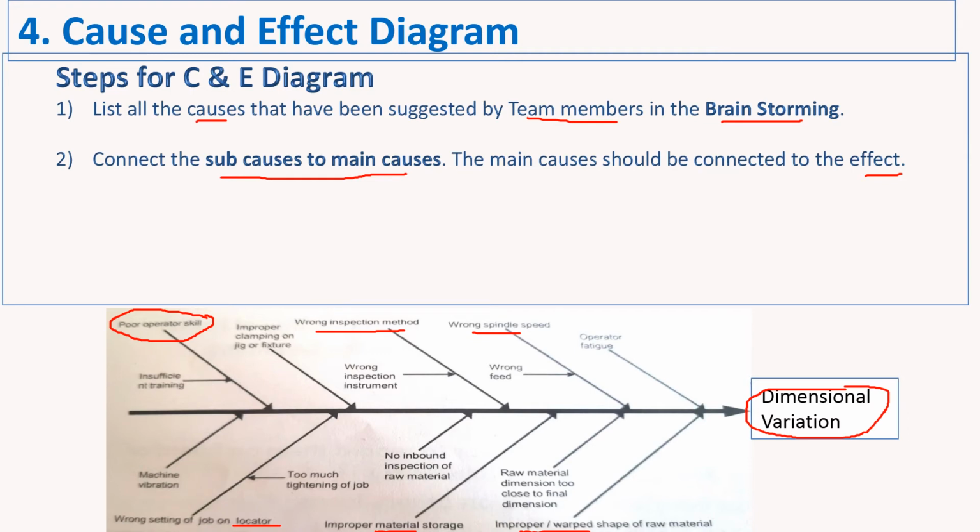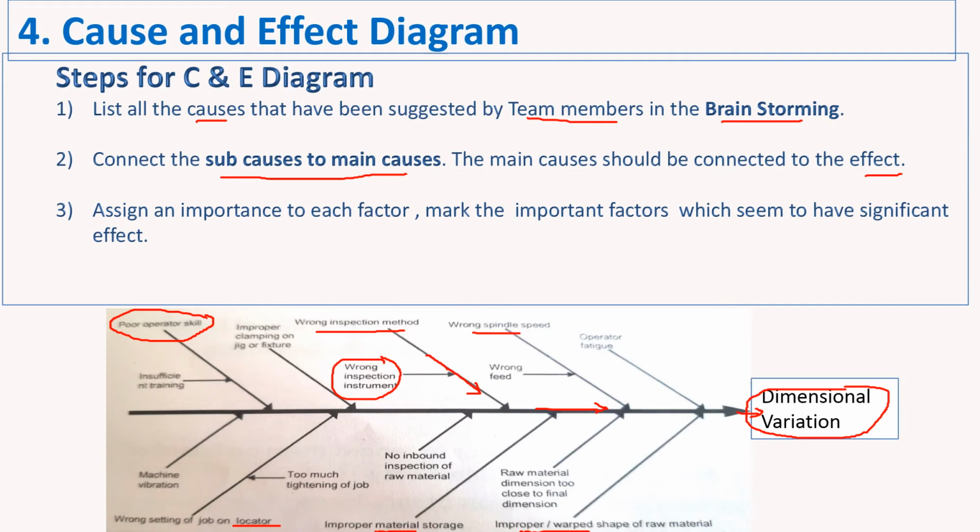So these are the sub causes connected with the main causes, and this main cause is connected with the effect. Then assign an importance to each factor and mark the important factors which seem to have a significant effect. Sometimes we have seen that poor operator skill is a significant factor for dimensional variation, so we mark this as an important factor.